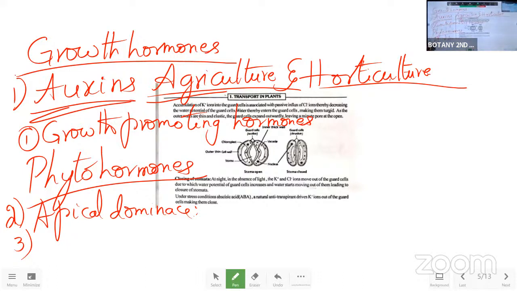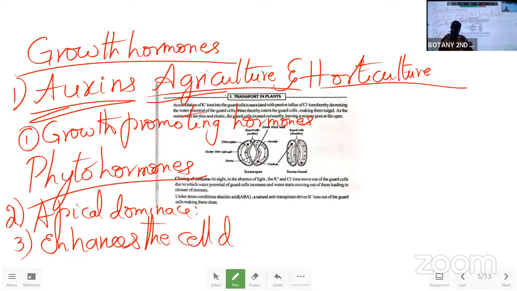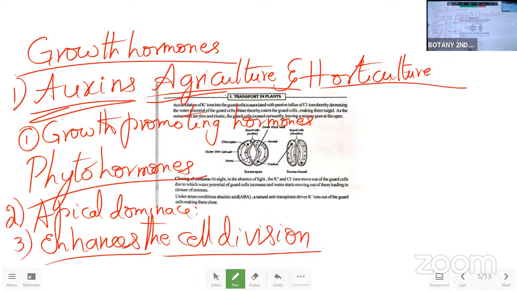And the next one is it enhances the cell division. Here you should not say increases, it's enhances. If you write the word enhances, then your standards will be maintained in answering this type of questions, where for theoretical questions the prominent words need to be used.